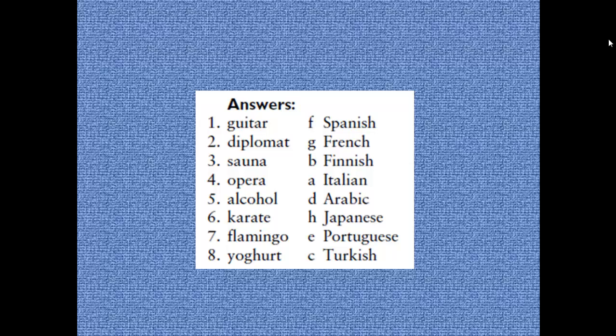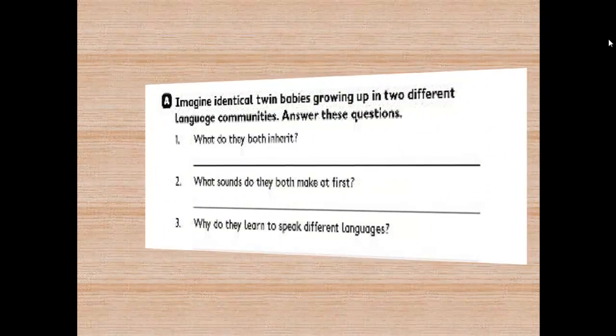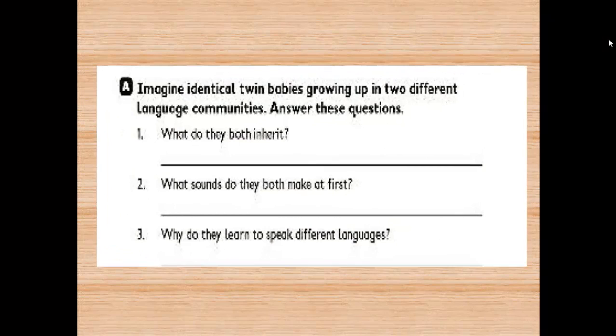Now let's do some exercises on workbook pages number 54, 55. Let's do practice number A. Imagine identical twin babies growing up in two different language communities.